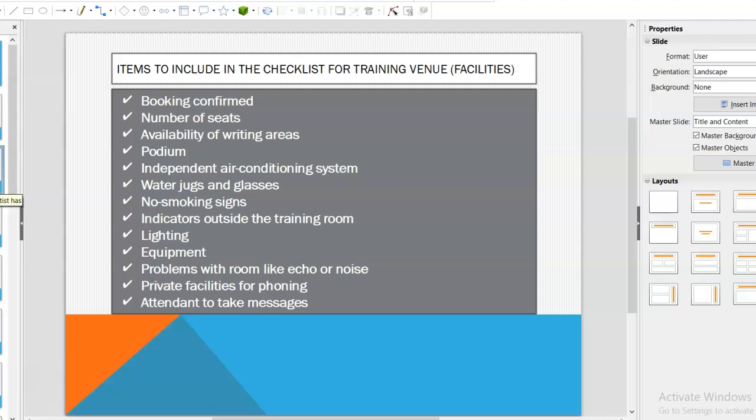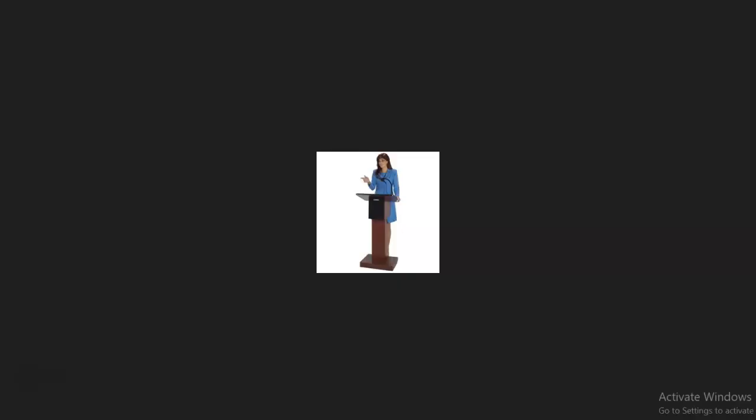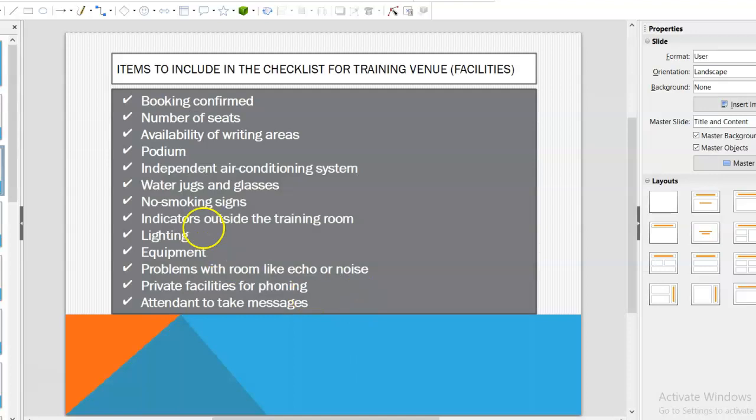Number of seats counted, availability of writing areas, the podium. For those who do not know what a podium is, it looks something like this. This is where a speaker will be standing when presenting to the crowd.